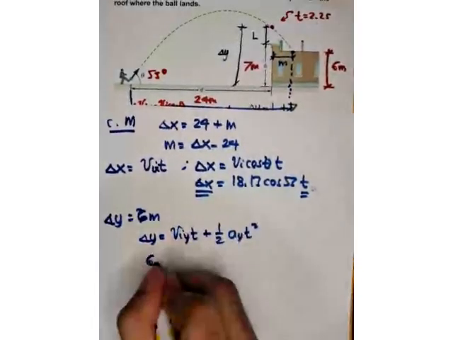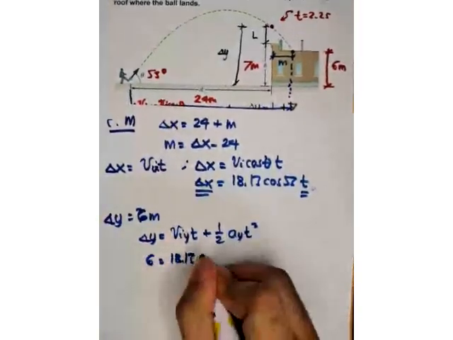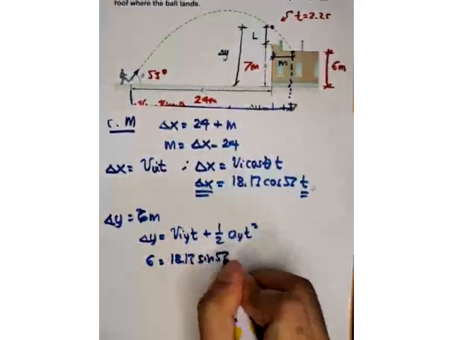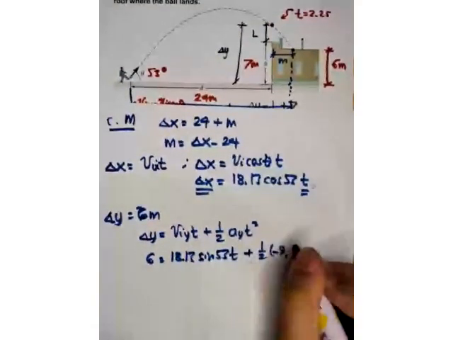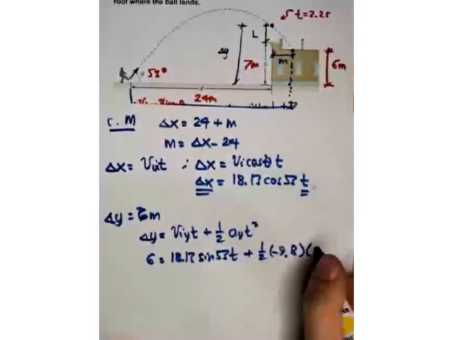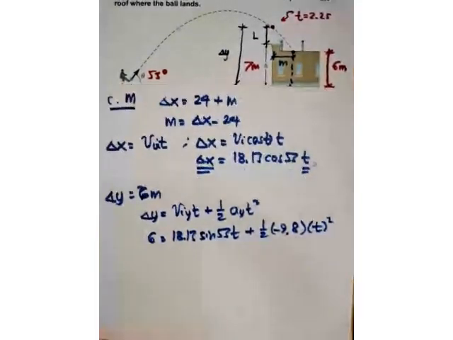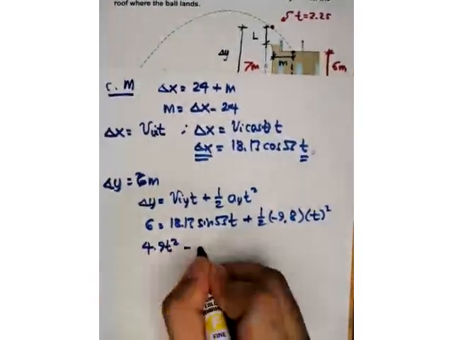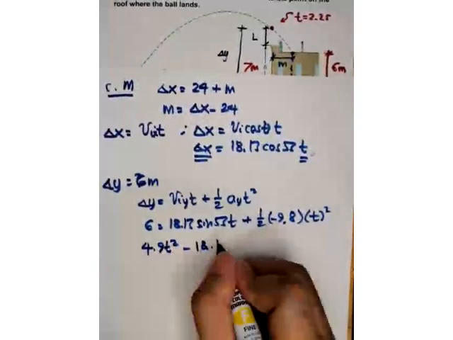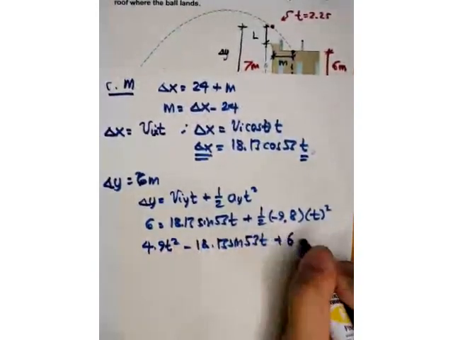So this is 6 equals 18.13 sine 53t plus 1/2 times negative 9.8 times t squared. Transposing everything to the left, we have 4.9 t squared minus 18.13 sine 53t plus 6 is equal to 0.